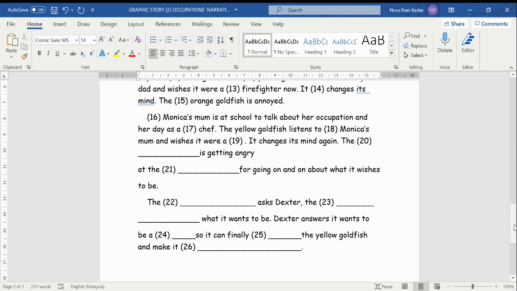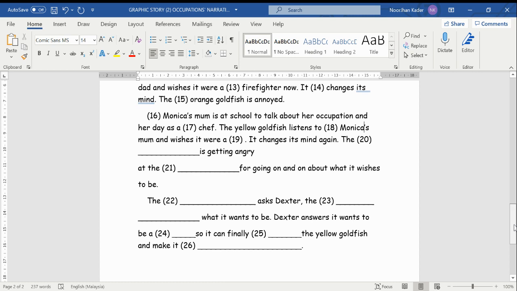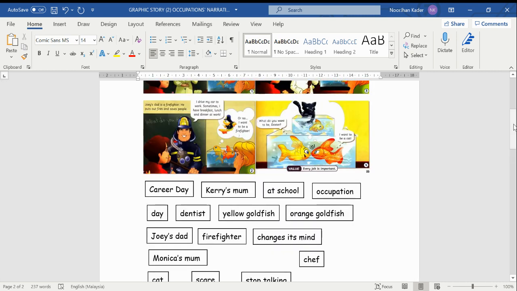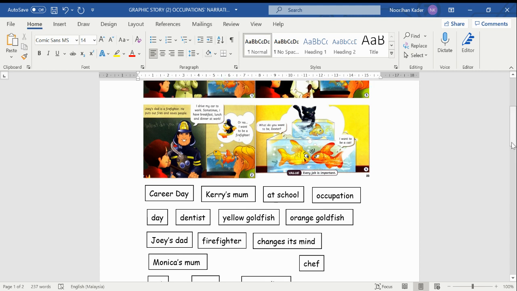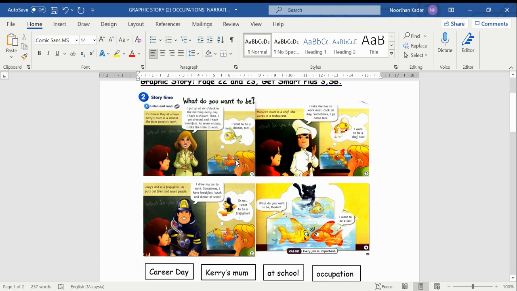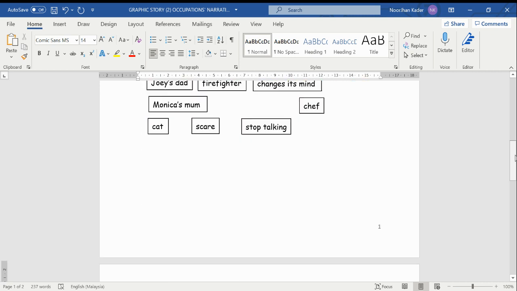First, it wanted to become like Carrie's mom, a dentist. Then in the second frame it wants to be a firefighter as Joey's dad. And in the third frame it wants to be a chef as Monica's mom, not Carrie's mom. Okay, Monica's mom.